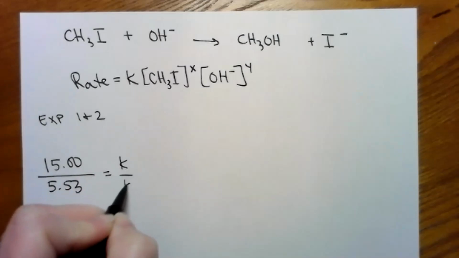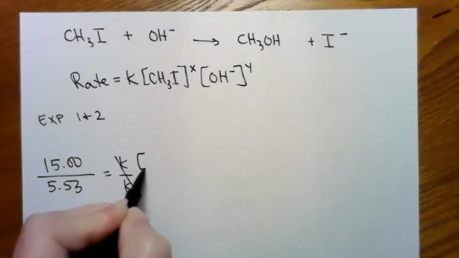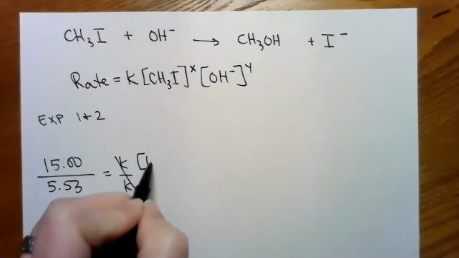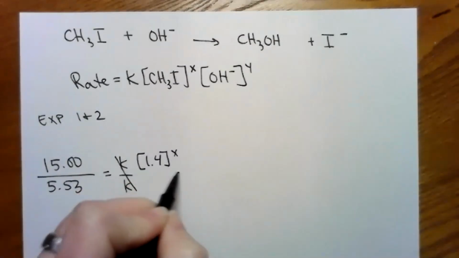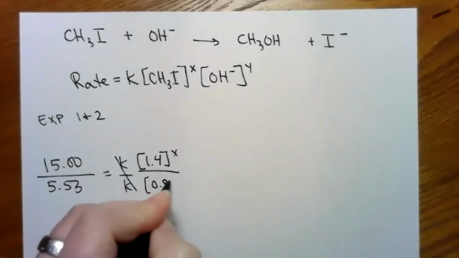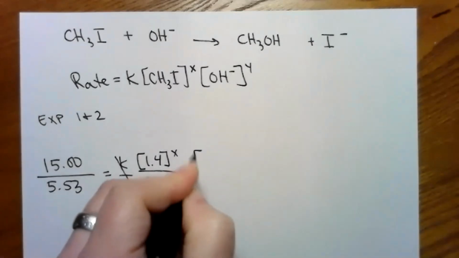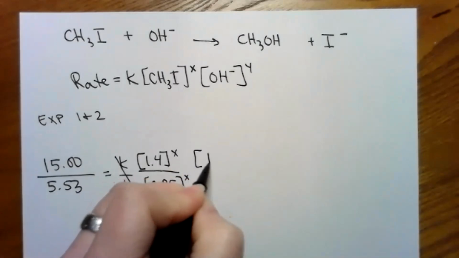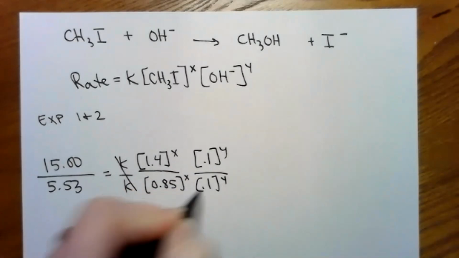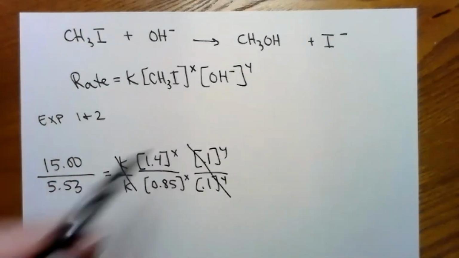That equals K over K. Who cares? CH3I reaction 1 is 1.4 to the X. CH3I reaction 2, 0.85 to the X. OH is 0.1 to the Y, 0.1 to the Y. So I get to cancel out this guy.